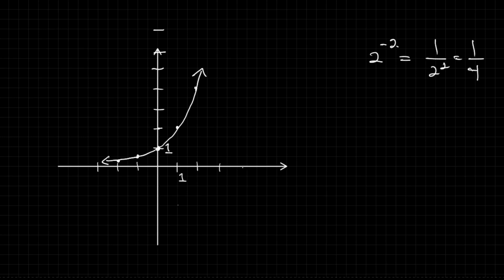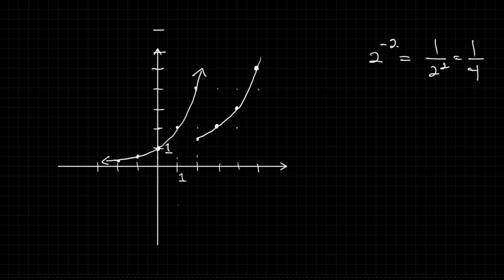So we'll take our points here, for example, (2, 4), move right 3, 1, 2, 3, up 1. (1, 2), move right 3, 1, 2, 3, up 1, and I'll do this a little quicker for the others. 1, 2, 3, up 1, and we'll go ahead and connect with a smooth curve.